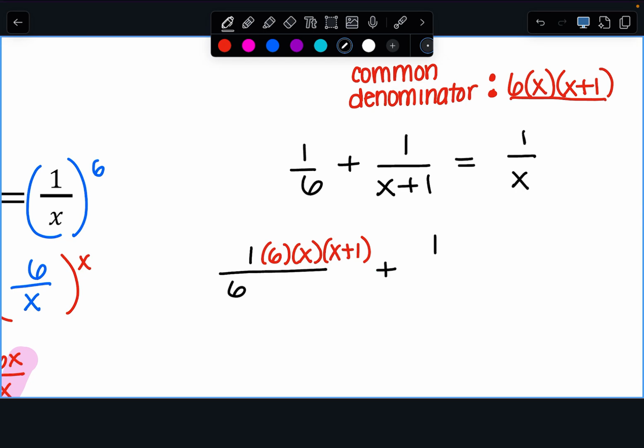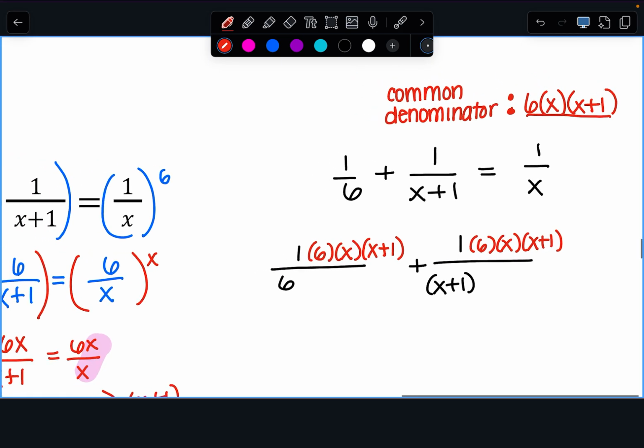Plus x plus 1 was already there on the bottom. The 6, the x, and the x plus 1. And then same thing for that last one. 1 over x, the 6, the x, and the x plus 1.